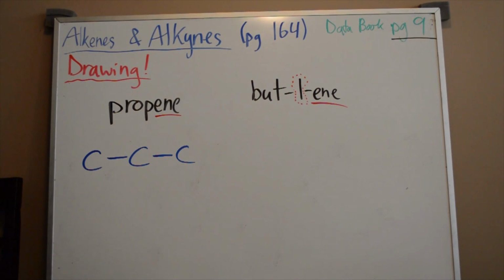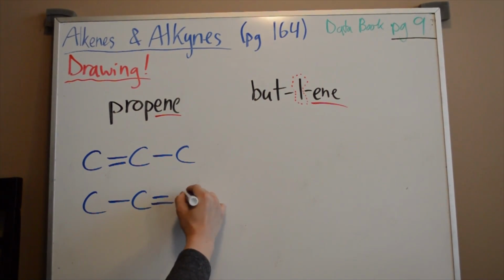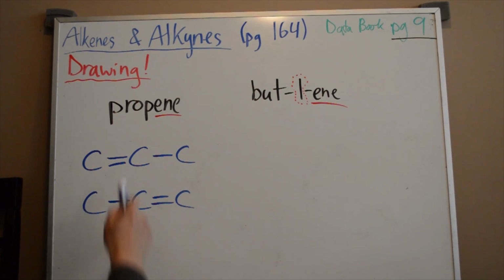Now we only have 2 places to put the double bond because it's an ene. It's going to put it right there, okay? Now class, this is the exact same as this. They're just flipped, or you can just take this and turn it around. They are the exact same. This propene is going to be the same molecule no matter what.